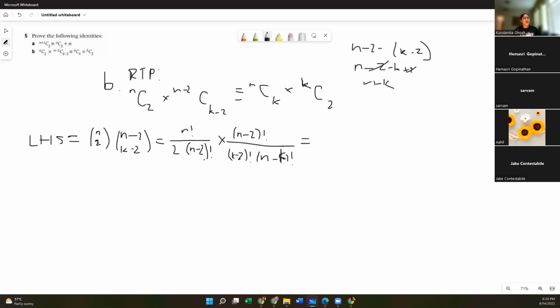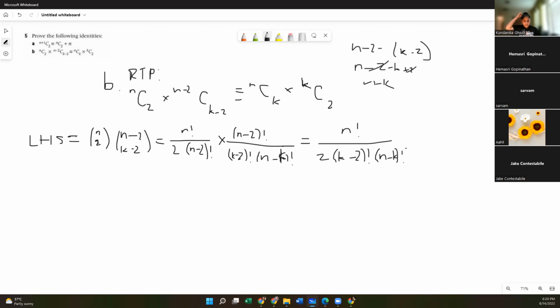Okay, so we can cancel out the n minus 2 factorial and n minus 2 factorial from both the numerator and the denominator. So in the numerator, we're just left with n factorial over 2 times k minus 2 factorial times n minus k factorial.